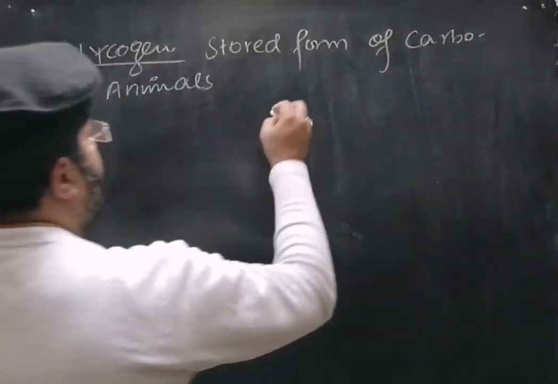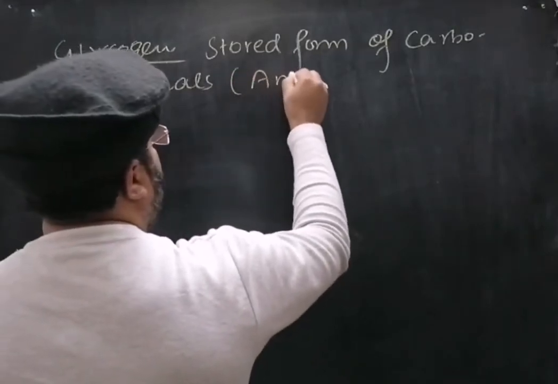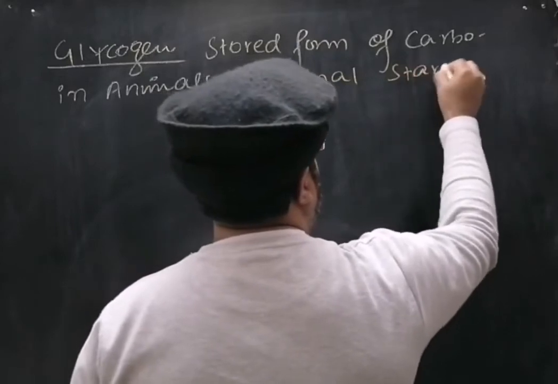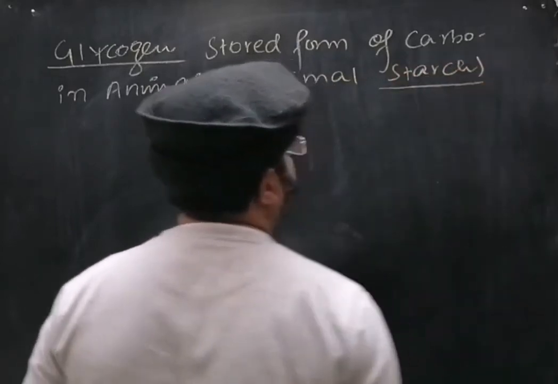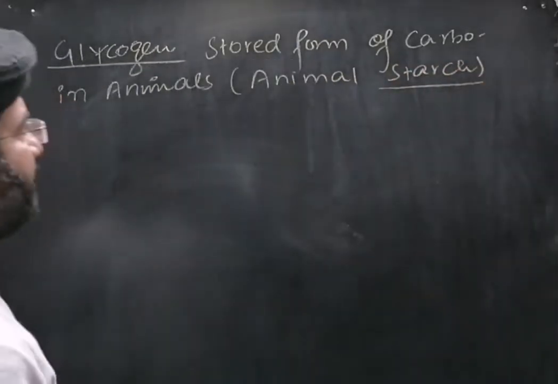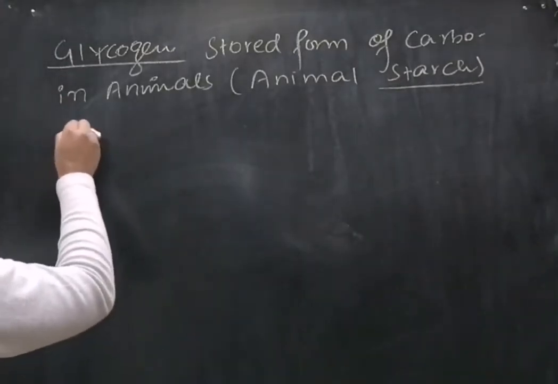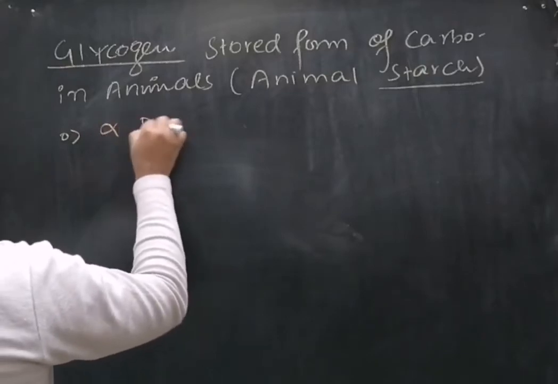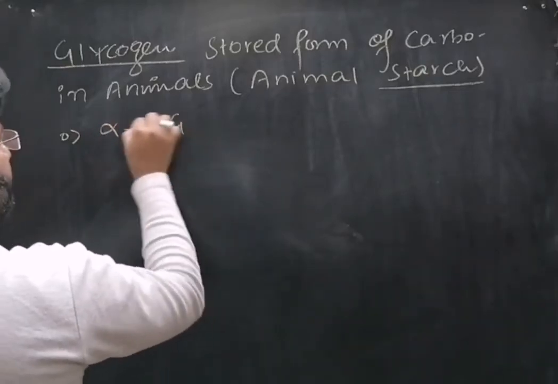Now my dear students, glycogen is also called animal starch because it is the stored form of carbohydrate in the body of animals, just like starch is the stored form of carbohydrate for plants. Glycogen is a polymer of alpha D glucose.